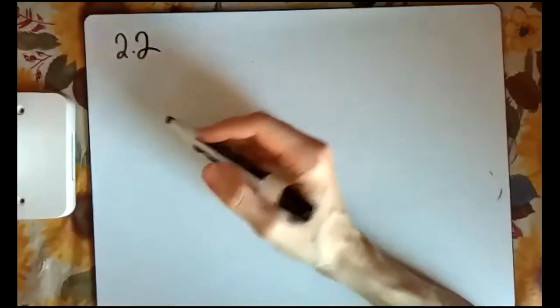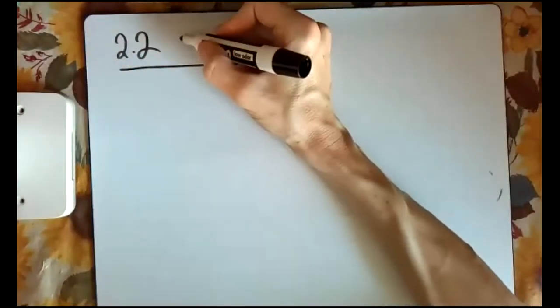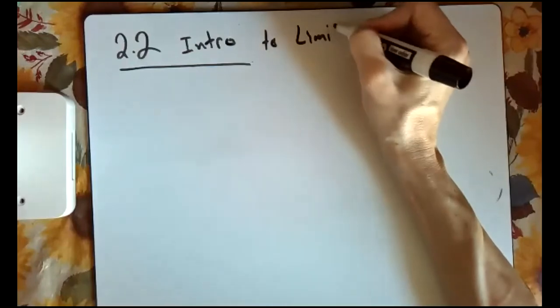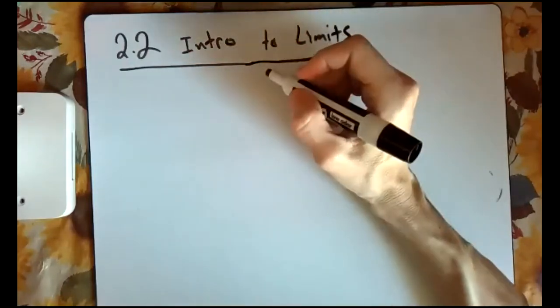All right, so section 2.2 is kind of a bare introduction to limits. So what is a limit?